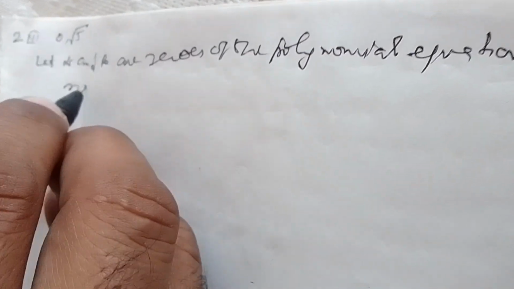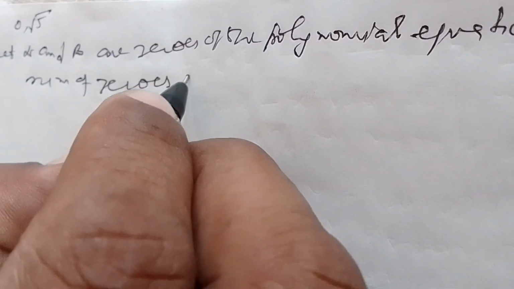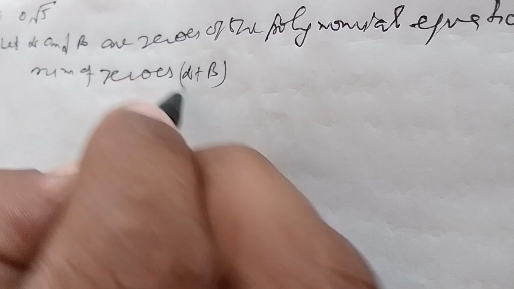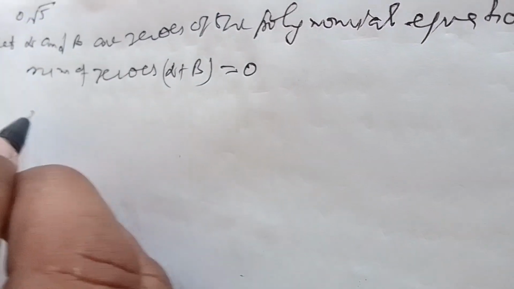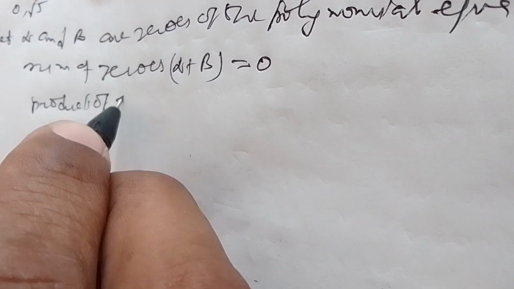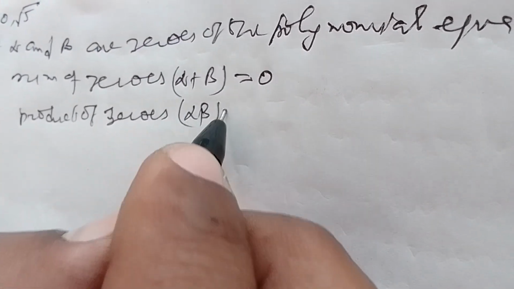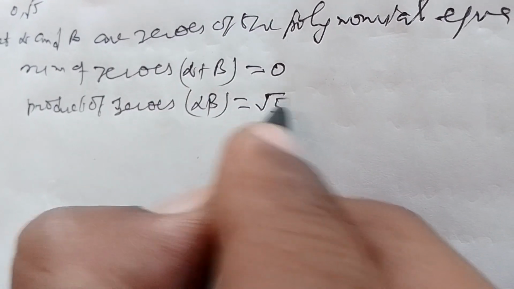Then the sum of zeros, alpha plus beta, is equal to 0. The product of zeros, alpha multiplied by beta, comes out to be under root 5.